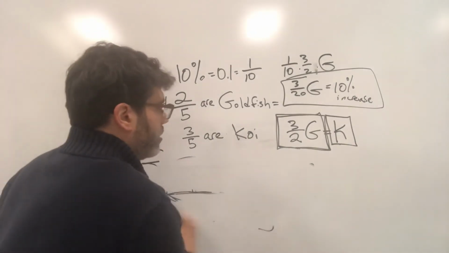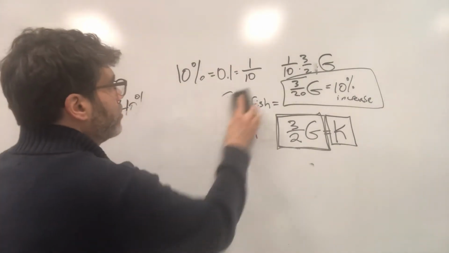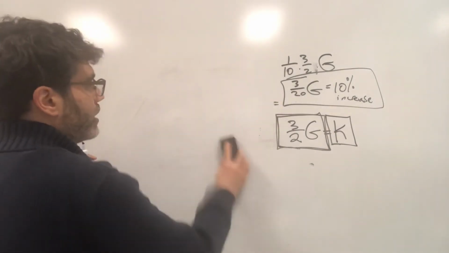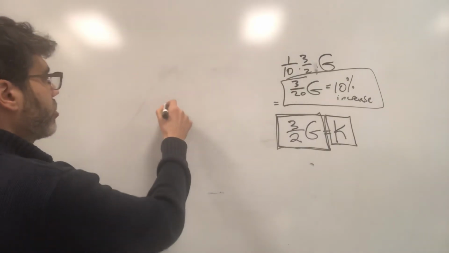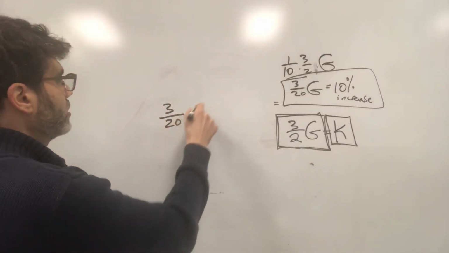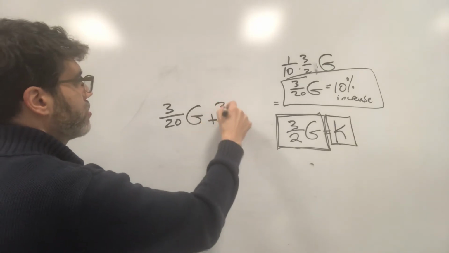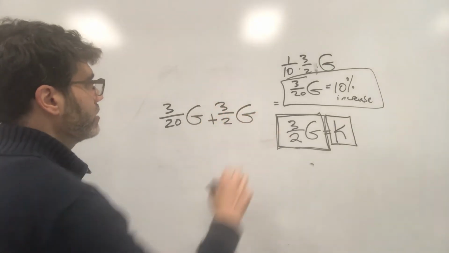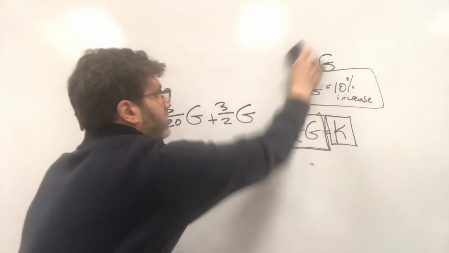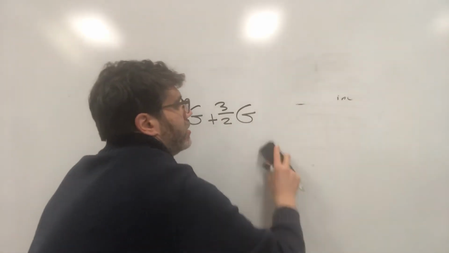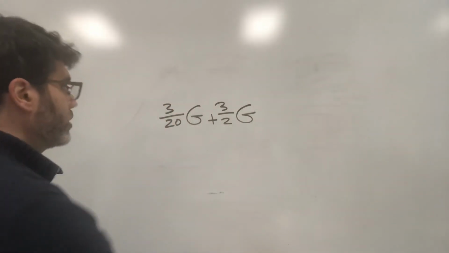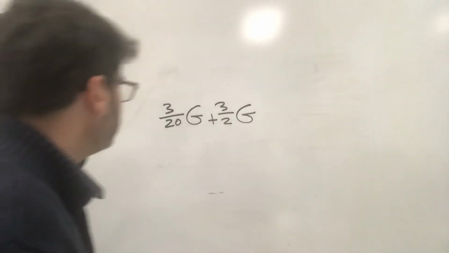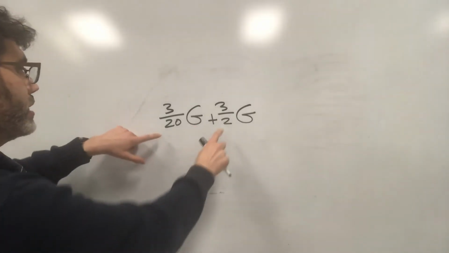That is just some arithmetic, which we can do: 3/20 g plus 3/2 g. So that's our problem right now. This is the total amount of koi originally plus that 10%. So we need to add these.